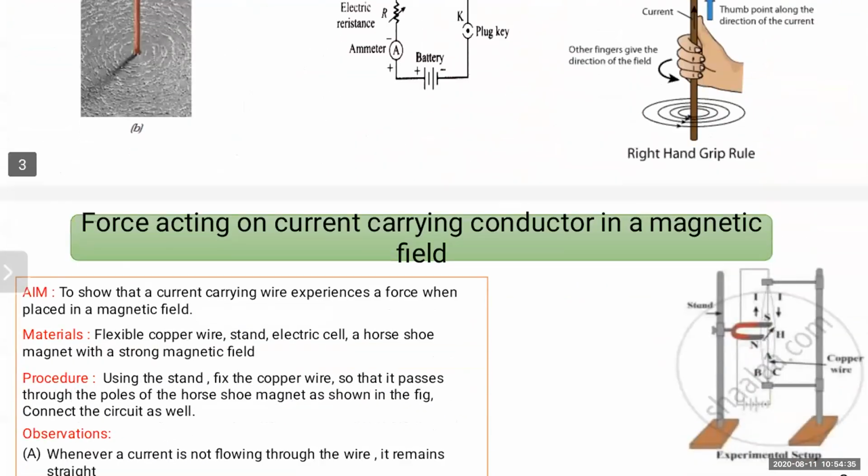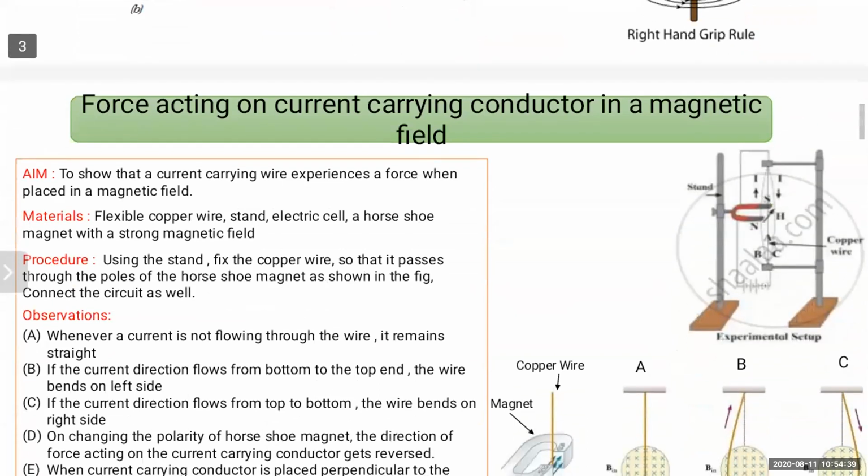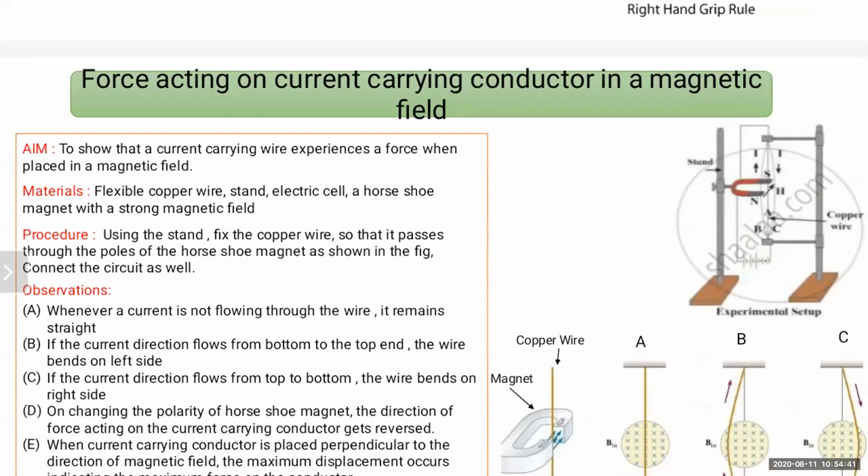Now let us start our main topic, that is force acting on a current carrying conductor in a magnetic field. Now this is the experiment. You know there is a deflection when the current starts through the current carrying conductor. The needle shows the deflection.